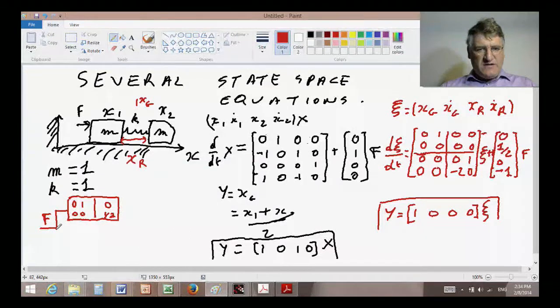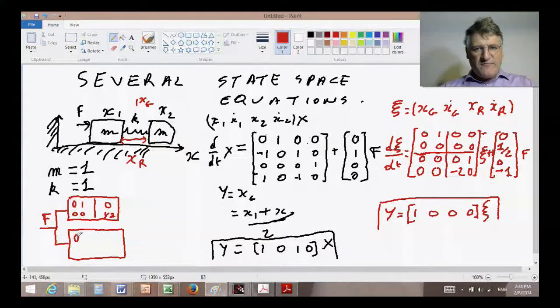On the other hand, the system feeds into that second subsystem whose A matrix is different, but it is 0, 1, minus 2, 0 on the one hand, and on the other hand, the B matrix would be 0, minus 1.